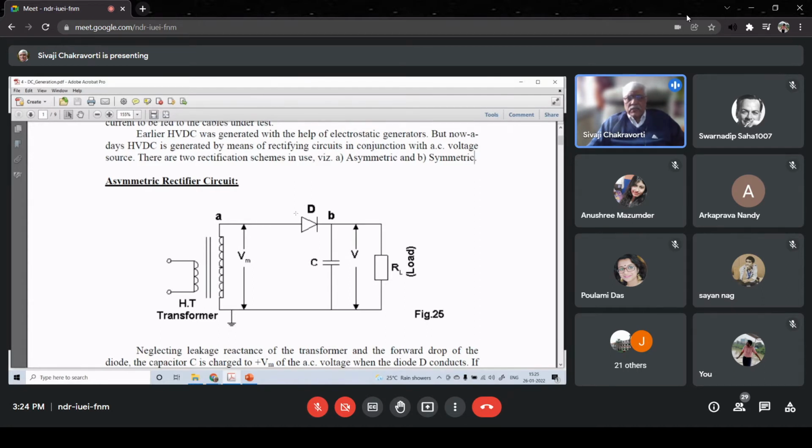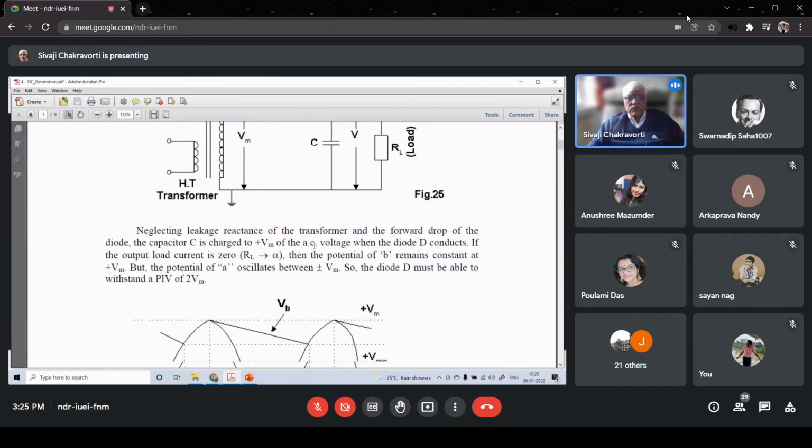So when diode D is reverse biased in the other half cycle, what happens to capacitor C? Since there is a resistance in parallel with C, the C will definitely discharge through RL. So the terminal voltage of C, that means the voltage at terminal B, as shown in the figure, will not remain Vm, it will drop.